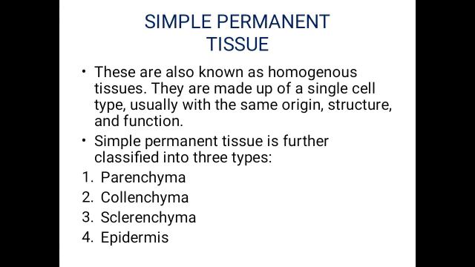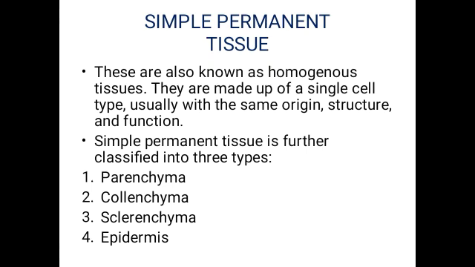What do we mean by simple permanent tissue? These tissues are very simple in nature, and they are permanent tissue which is fixed and will not divide, so it is called simple permanent tissue. These are also known as homogeneous tissues.